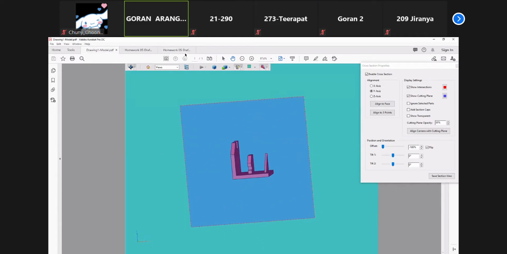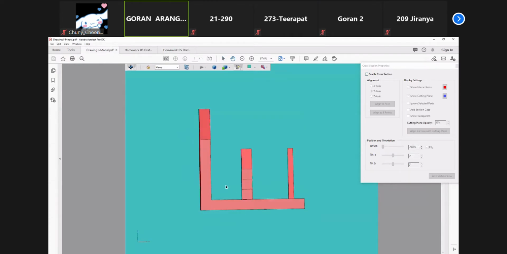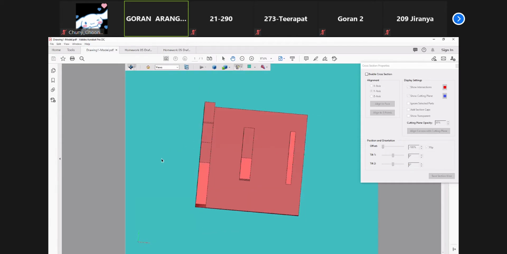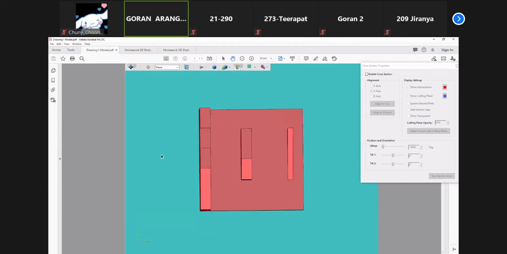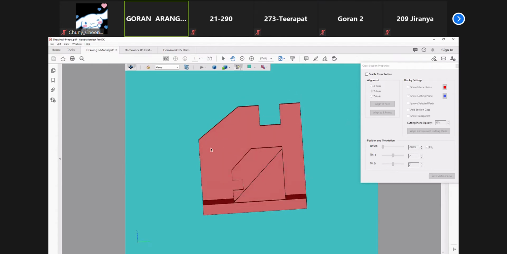So when you are seeing from the front, you will see something like this. When we see from the top, something like this. And when you see from the right side, you will see something like this.